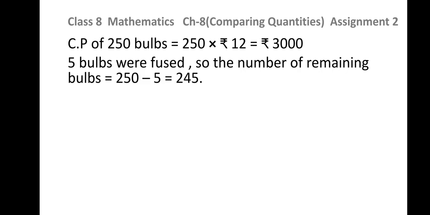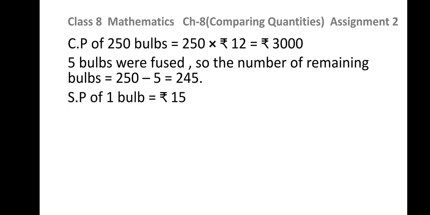First of all, we have calculated the CP of 250 bulbs, because CP of one bulb is given to us, that is rupees 12, and we need to find the CP of 250 bulbs, so it will be 250 into rupees 12, that will be equal to rupees 3000. And 5 bulbs were fused, so the number of remaining bulbs is equal to 250 minus 5, that is equal to 245.